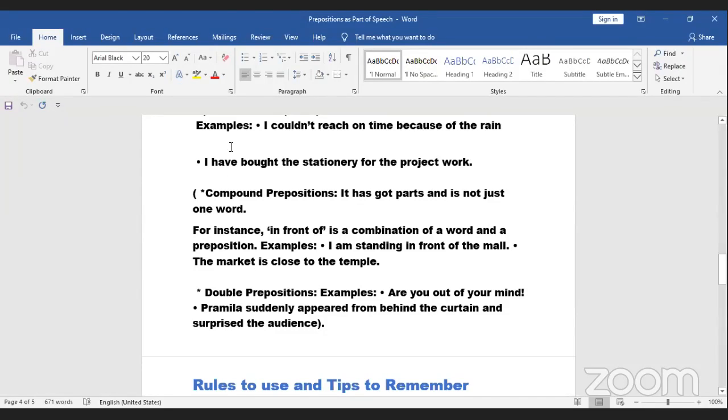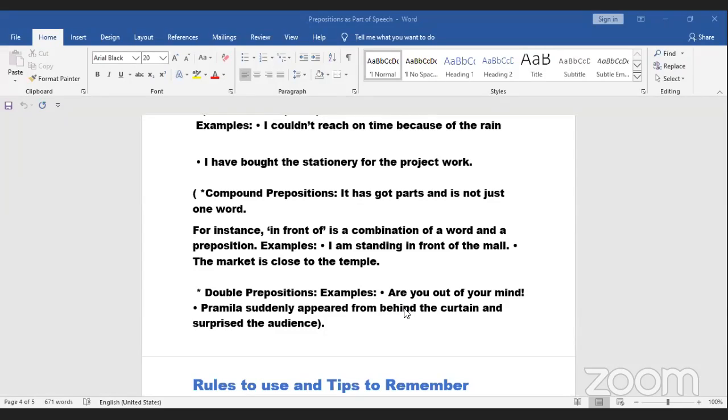Now the next sentence: Pramila suddenly appeared from behind the curtain. From behind. From is a preposition and behind is also a preposition. Double preposition. From, I have told you, is like a starting point. The curtain's back was the starting point, from behind the curtain. So from behind is also a double preposition that we use.